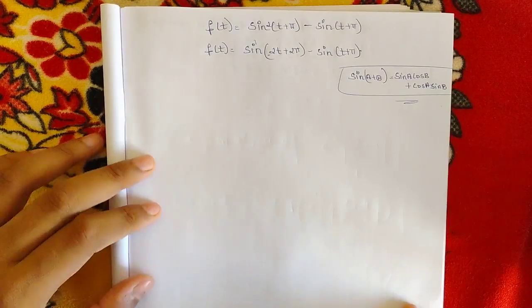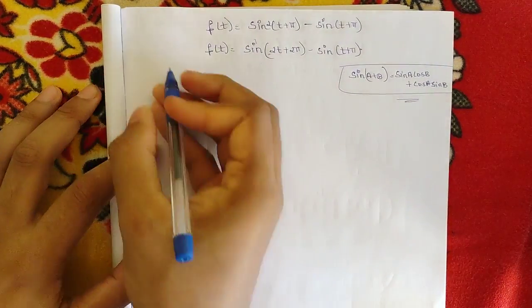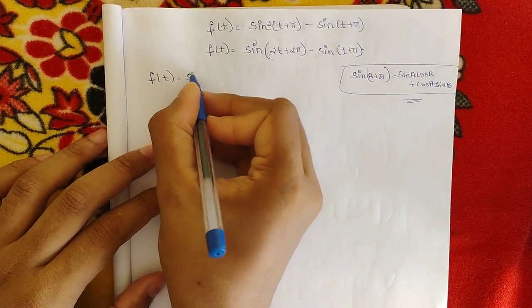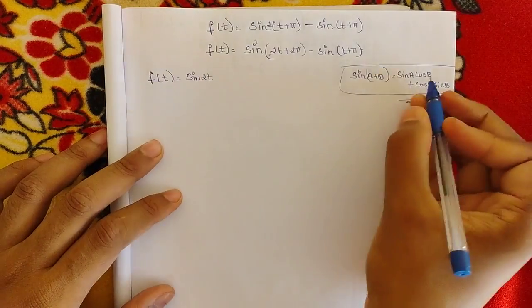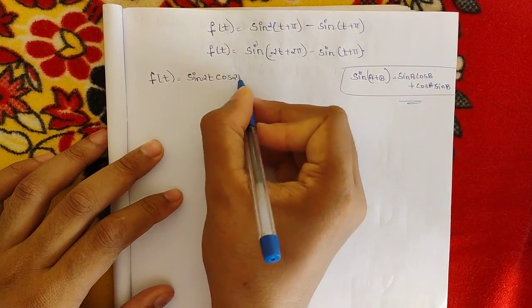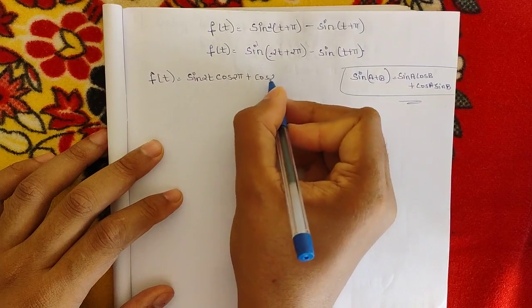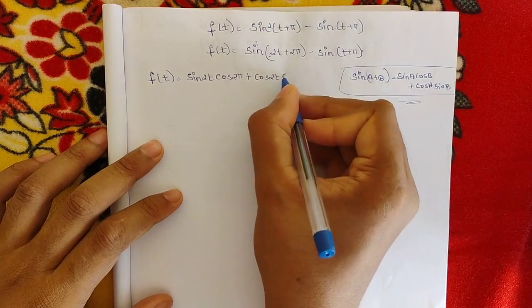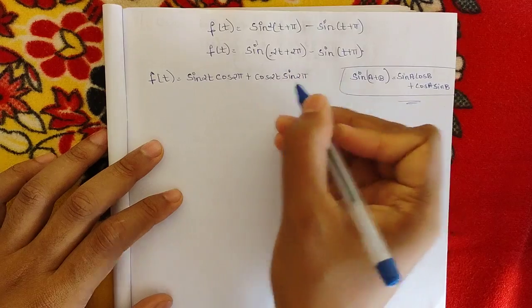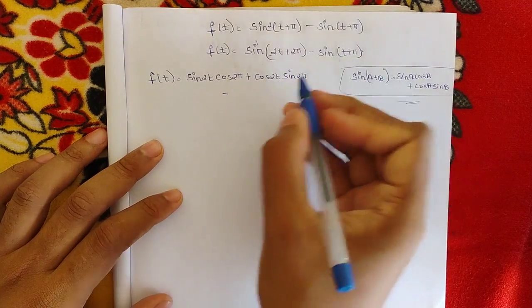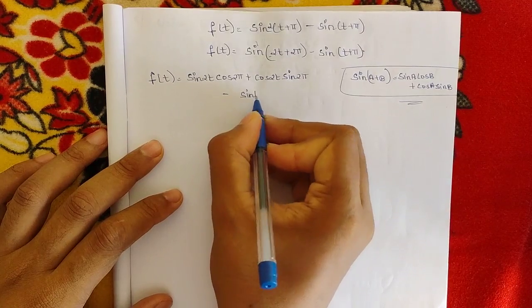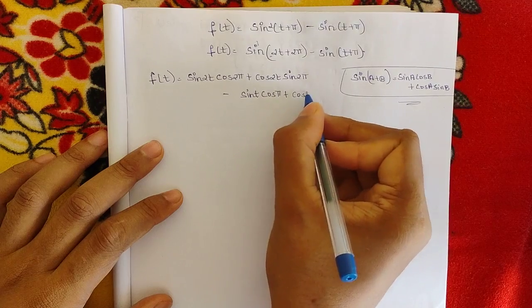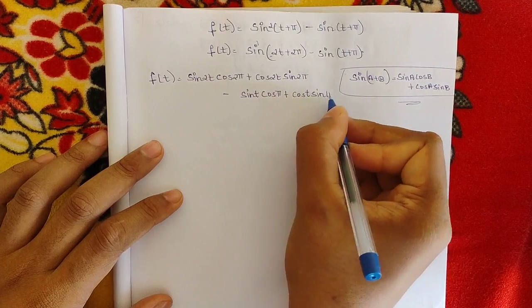Sin of a plus b is given by this formula, so that only we are going to apply here for both the terms. That is, f of t is equal to, this is a and this is b, so sin 2t cos 2 pi plus cos 2t sin 2 pi, minus the same thing here, sin t cos pi plus cos t sin pi.